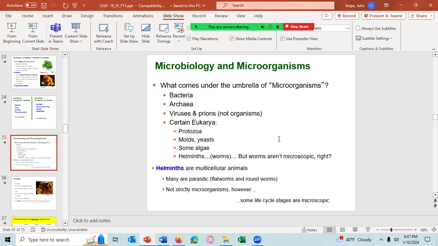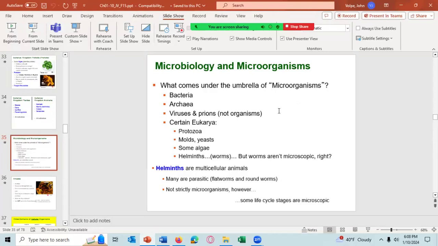Even with schistosomiasis, the schistosoma worm actually burrows into the person's skin, and what's burrowing into the skin is microscopic. So the developmental life stage of the worm that is infective to humans is microscopic. Even though most worms are not microscopic, we do consider them a microorganism.